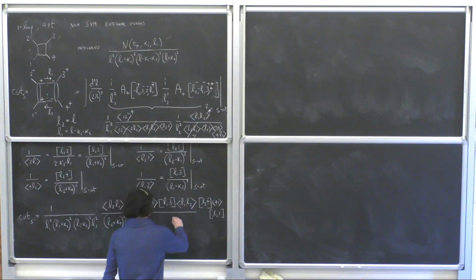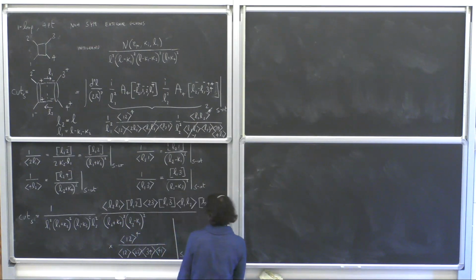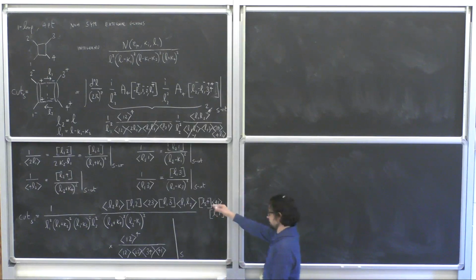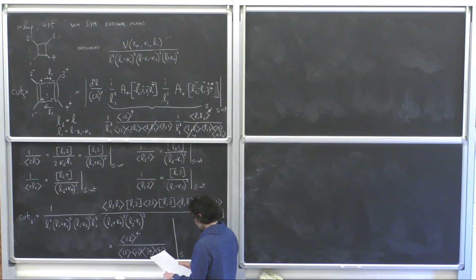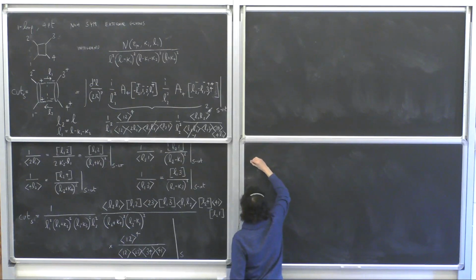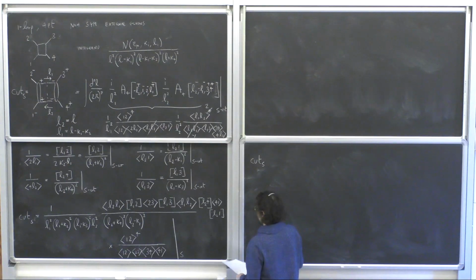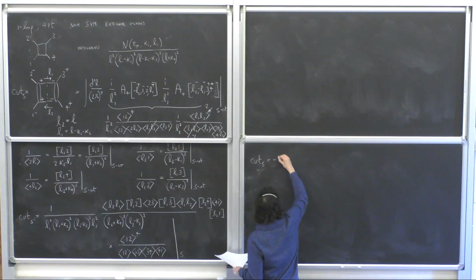And of course, I always have to remind myself that this is the kinematics for the S-cut, to be understood in this expression. So this evaluation now allows me to express the S-cut as minus i.